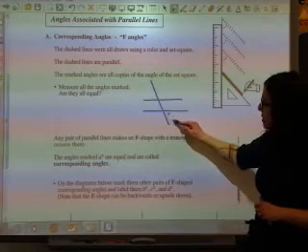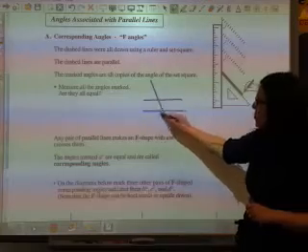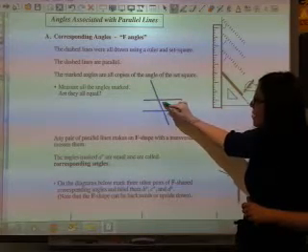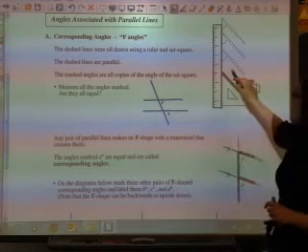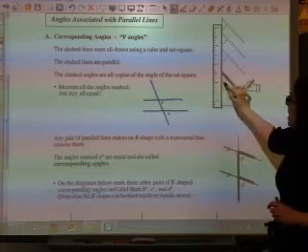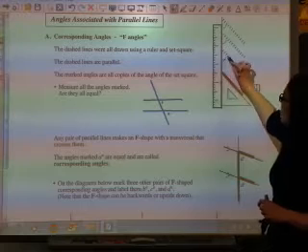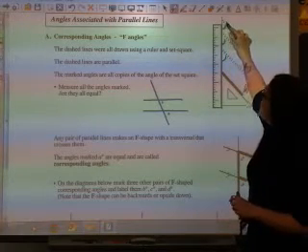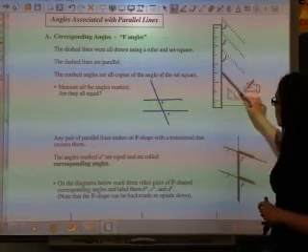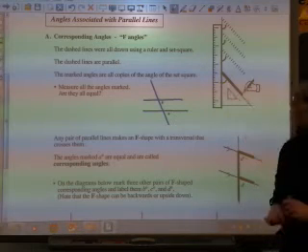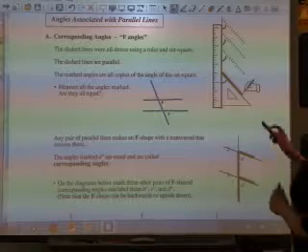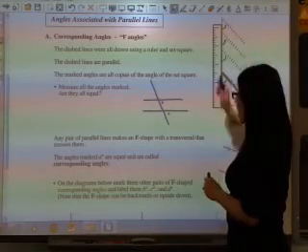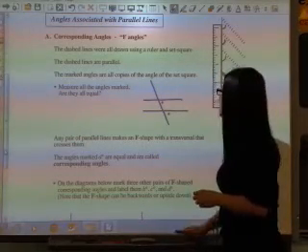So if it's in the bottom right-hand corner in this group, it has to be in the bottom right-hand corner of that group. So in this diagram, my corresponding angles are the angles created with these 4 parallel lines, and it's the angle underneath. I want you to measure those 4 angles and tell me what you notice.